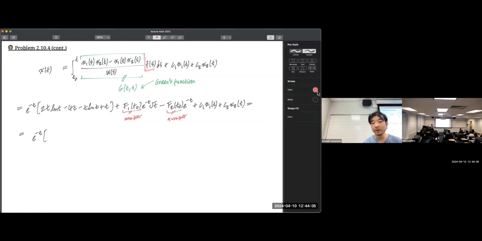Actually, I'm going to simplify it a little bit more here. So you have 2t, t minus t ln of t. So it's just t ln of t. This is a -4. This is a -1. So the +1, so this is 3t. So this combines to this.